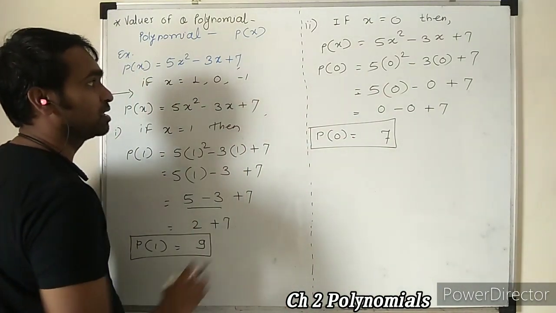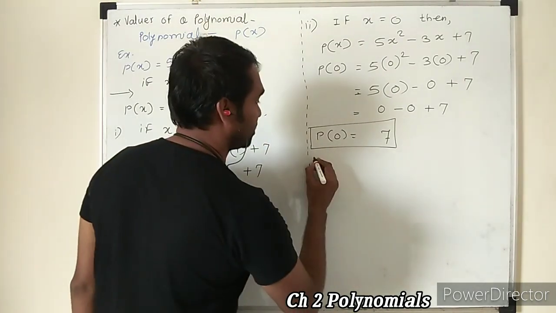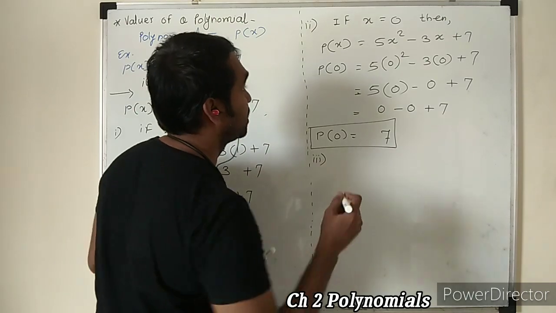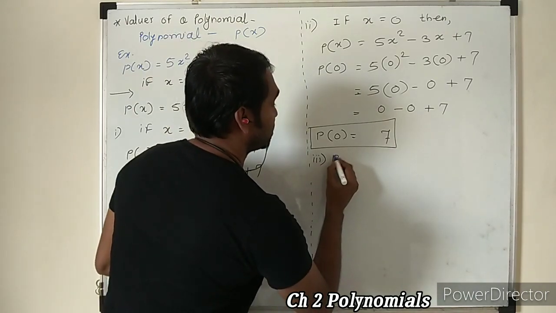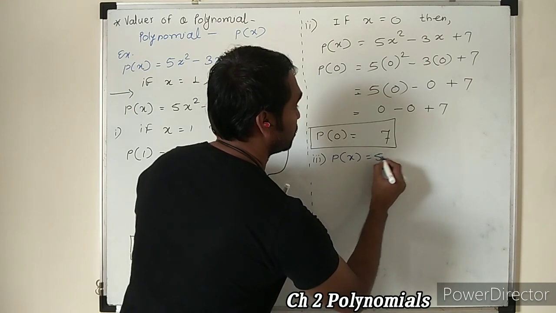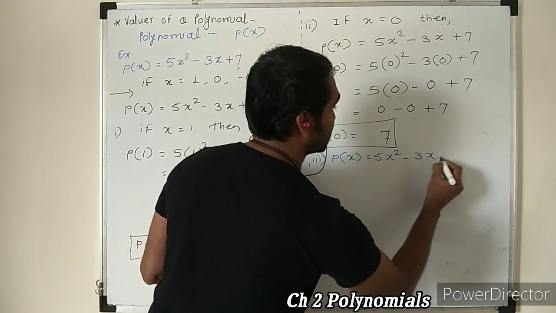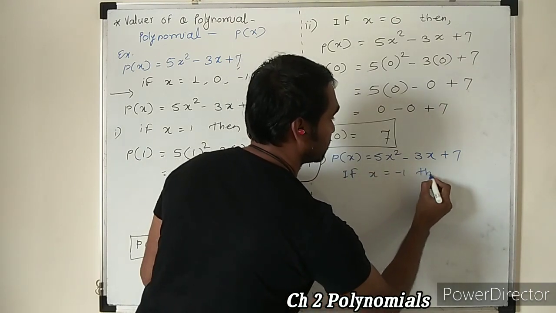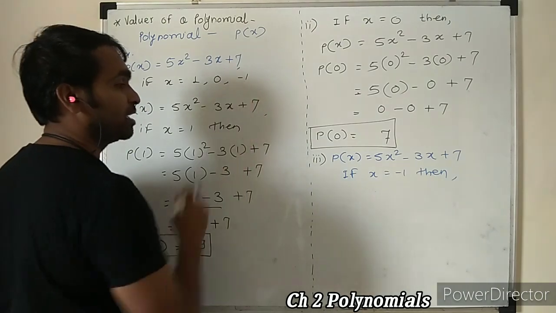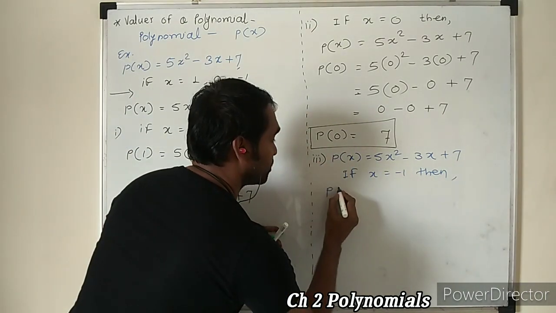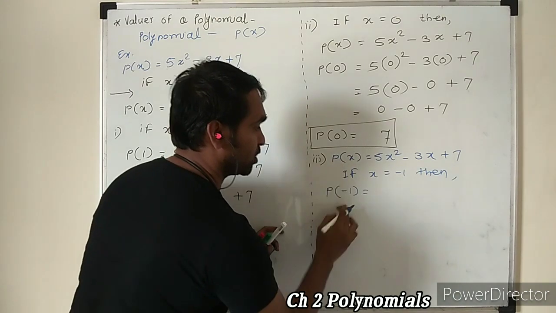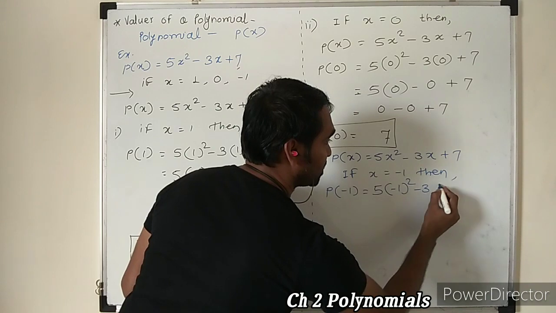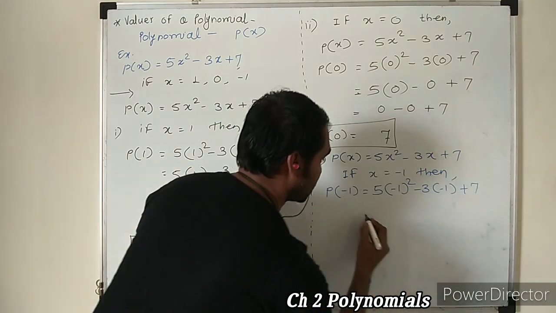Next, the third number is given: x is equal to -1. First write the equation P of x is equal to 5x square minus 3x plus 7. If x is equal to -1, then put the value. P of -1 is equal to 5 multiply (-1) square minus 3 multiply (-1) plus 7.